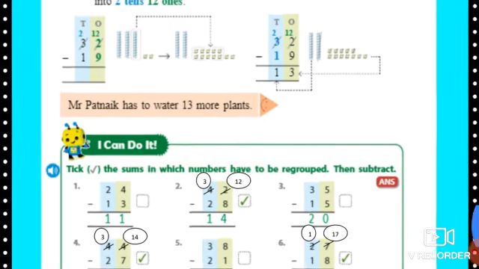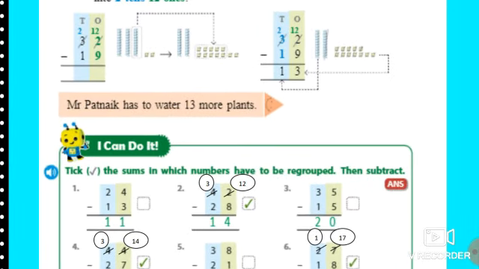Second part, see students, that is 42 minus 28. Now can we minus 8 from 2, students? Check in ones place. Can we subtract 8 from 2? No, because 8 is a bigger number and 2 is a smaller number. So now we have to borrow. So I will borrow from the tens place. I will give 1 to 2 in ones place. It will become here 12.